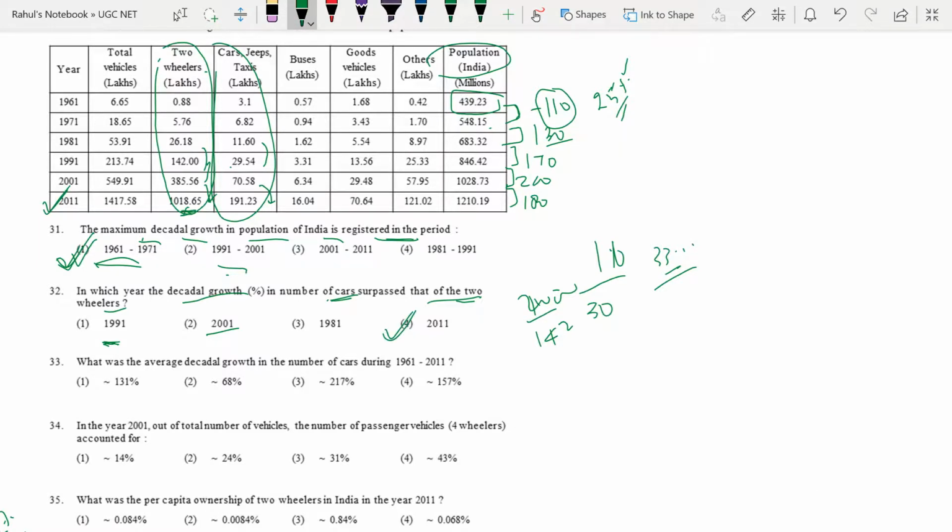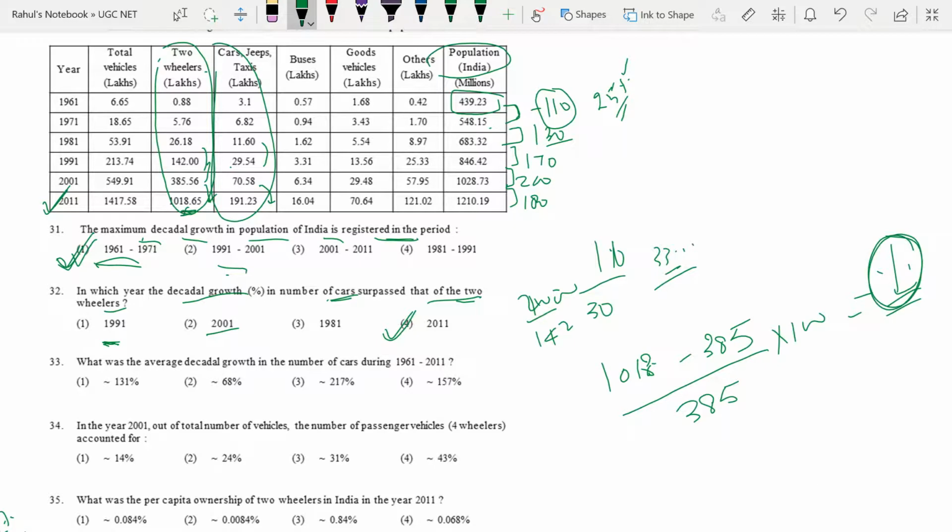So 4 is the answer. For exactly doing what you need to do, just do it like that. 1018, the two-wheeler value, minus 2001's value of 385, whatever should be there, compare it with 385 and multiply with 100. You will get it in percentage. So this percentage is much more than the other ones.